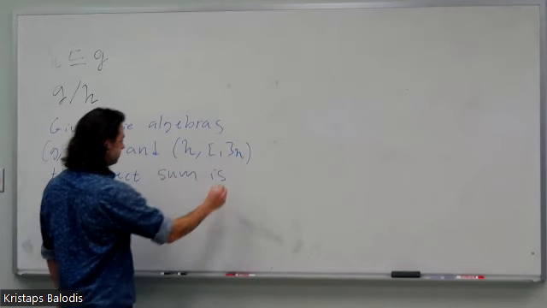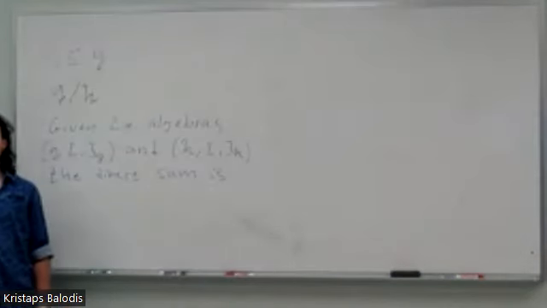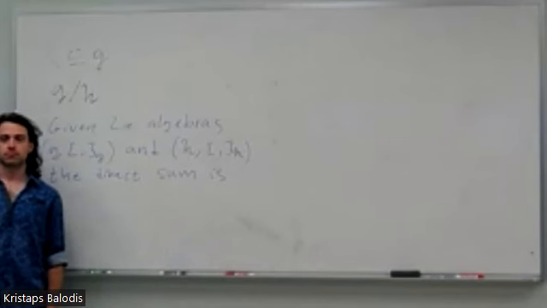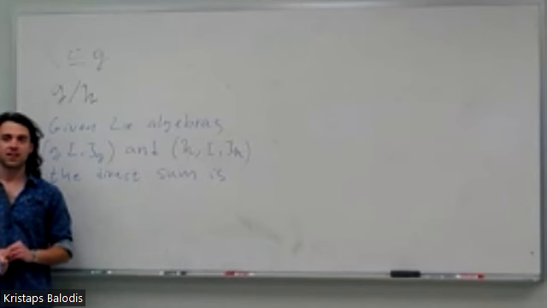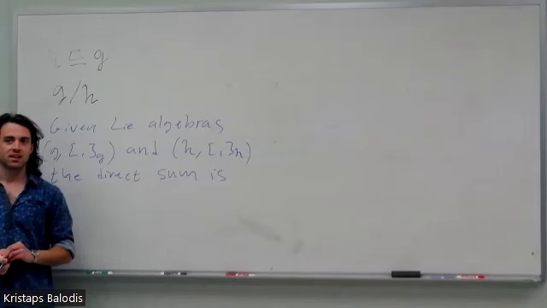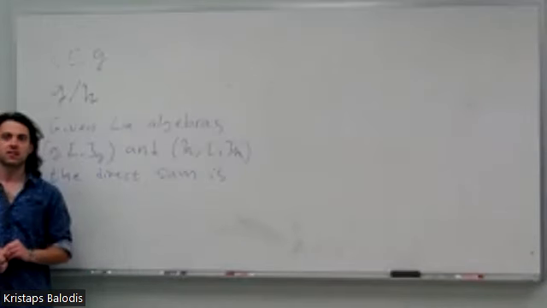Well, the vector space should be just the direct sum of G and H as vector spaces, but then with the bracket, I mean, obviously it's easy to see what's going to happen on the G part and on the H part alone, but where they're coming together, I'm not entirely sure.